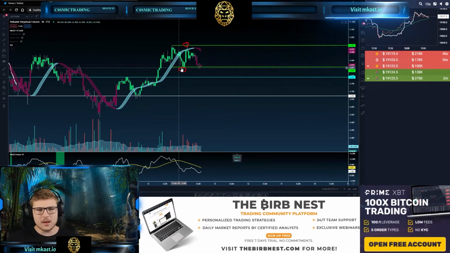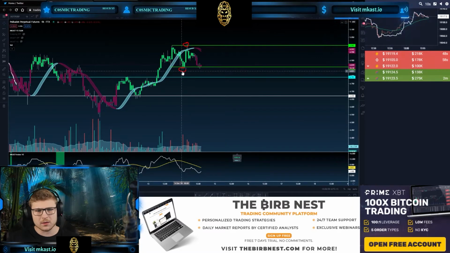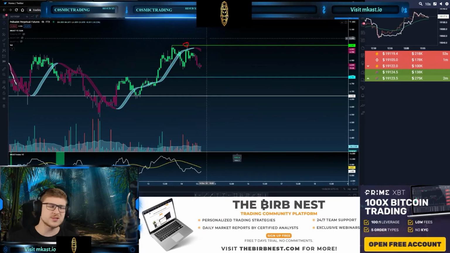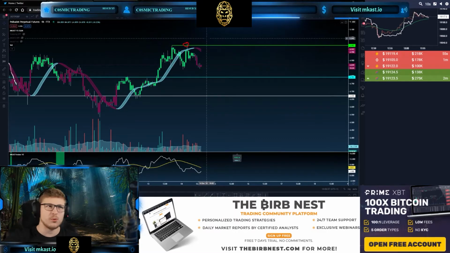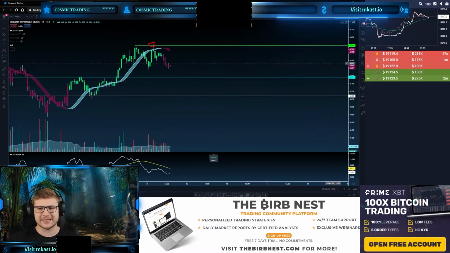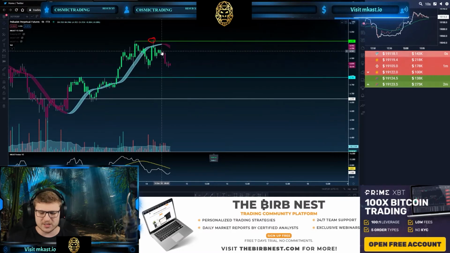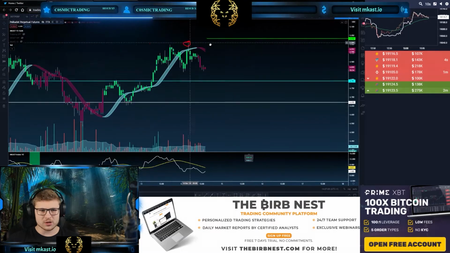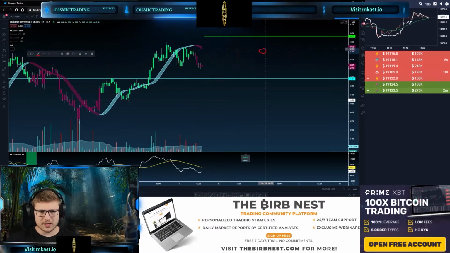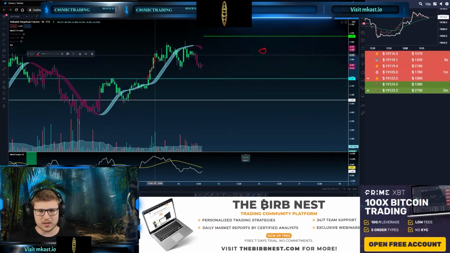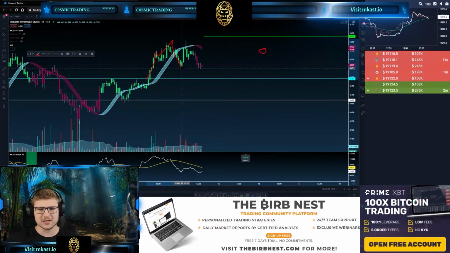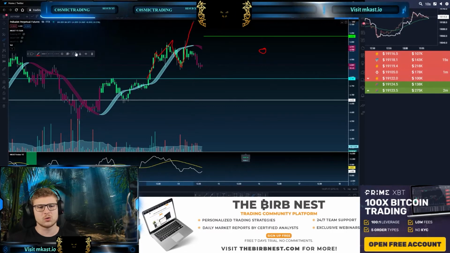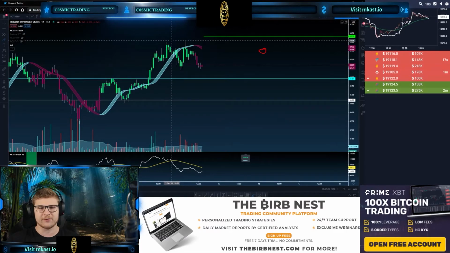So let me take this one away and this one away, because this is a bullish one. There are bearish and bullish swing failure patterns. We're going to first take a look at the bearish swing failure pattern. So we see our chart right here. It's going up and up and up, then down, just a little retrace, and then you expect, okay, now it's going to continue super highly.